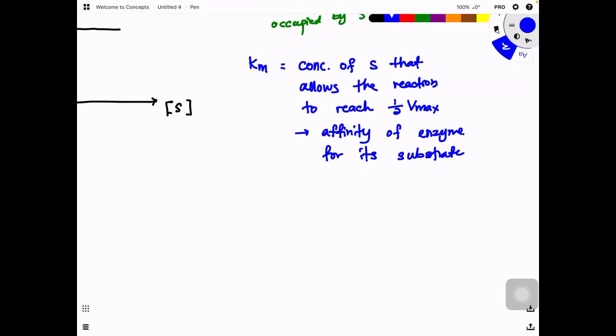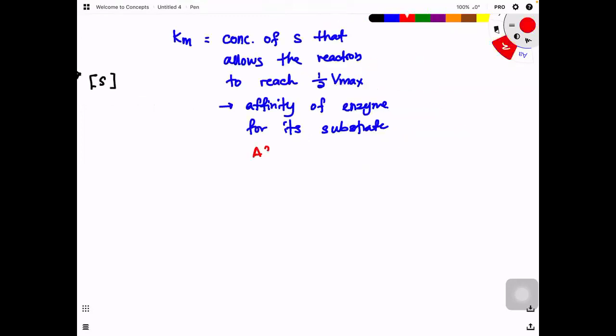When the enzyme loves the substrate, it will bind to the substrate. So if affinity is high, the enzyme is more likely to bind to the substrate. Write down: when affinity is high, enzymes are more likely to bind to the substrates.